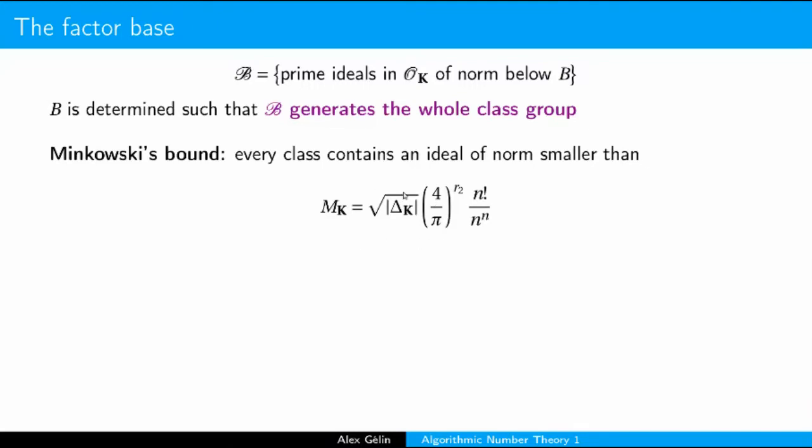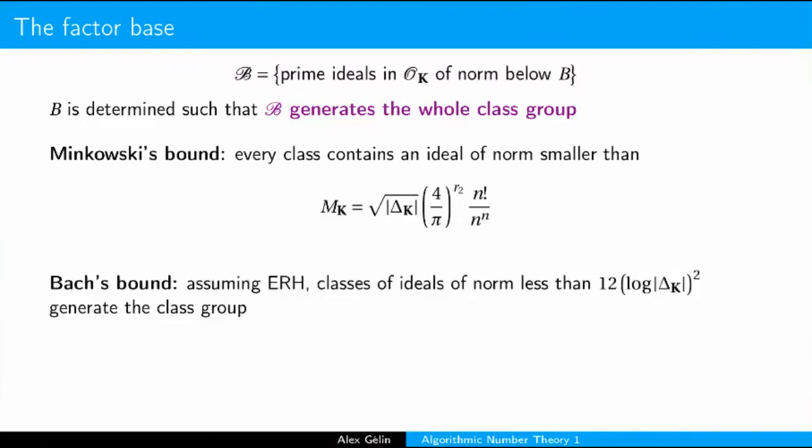So this bound is exponential in the size of the discriminant. So if you use this bound in an algorithm, then the complexity of your algorithm is necessarily exponential. That's definitely not what you want. So this bound exists, but it is not useful.